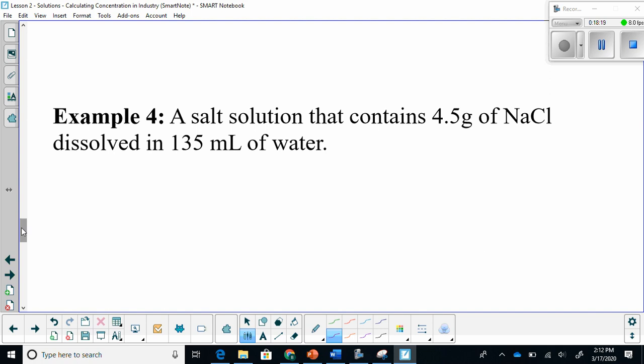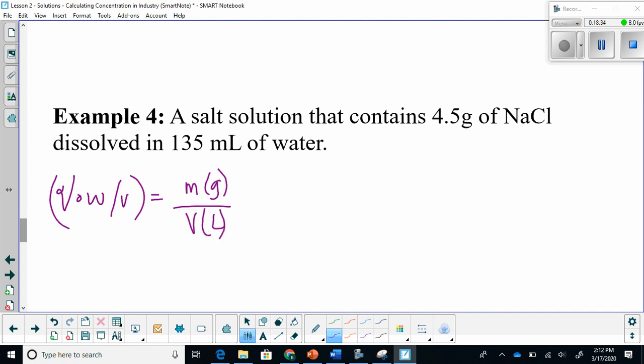Okay, so let's go ahead and use the formula. Percent weight by volume is equal to mass of solute in grams over volume in liters. All right, and then multiply by 100. Okay, this is pretty simple. All you need to do is make sure that your units are in the correct order. Sorry, this should say milliliter.